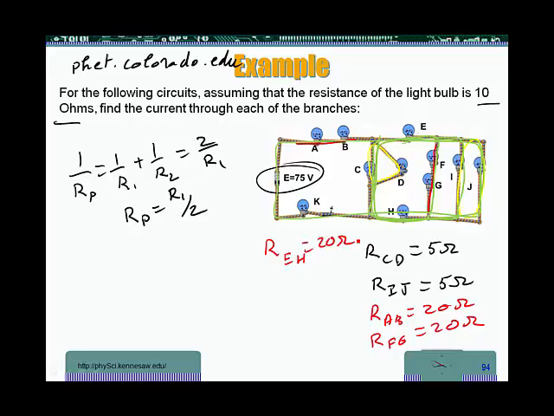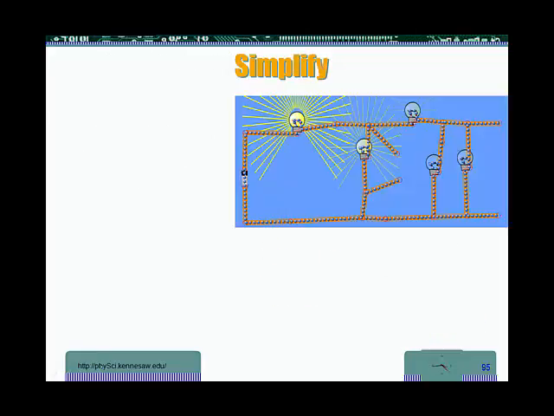Similarly, we can do the same thing. A, B, and K, they are in the same branch. Any loop that includes A, B includes K. So actually R A, B, K is equal to RAB, 20 ohms, plus 10 ohms, 30 ohms. So this is what I could simplify so far. So if I go to the next screen, I should have here 30 ohms.